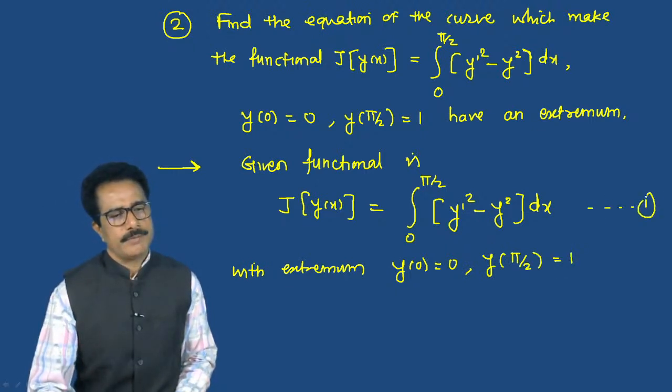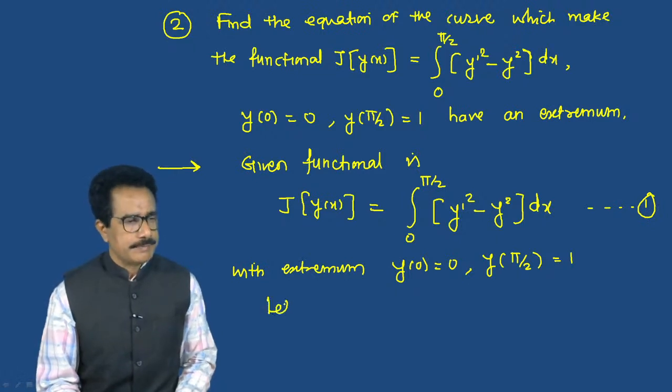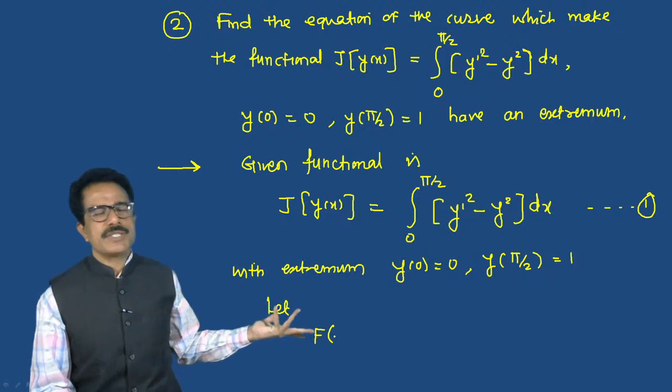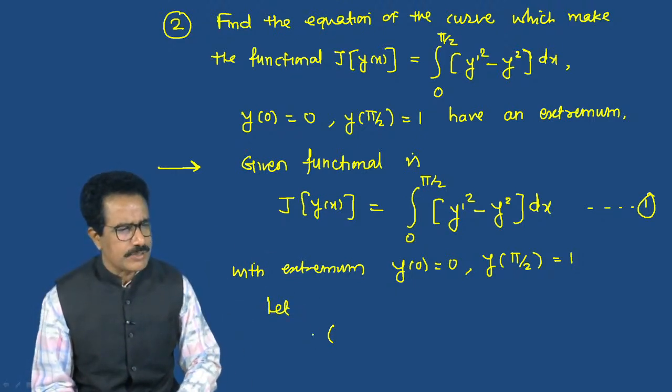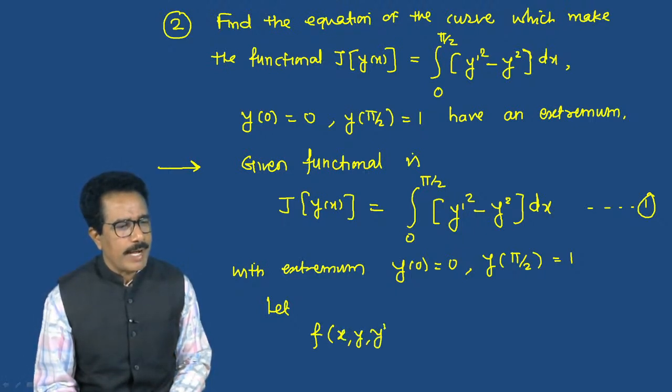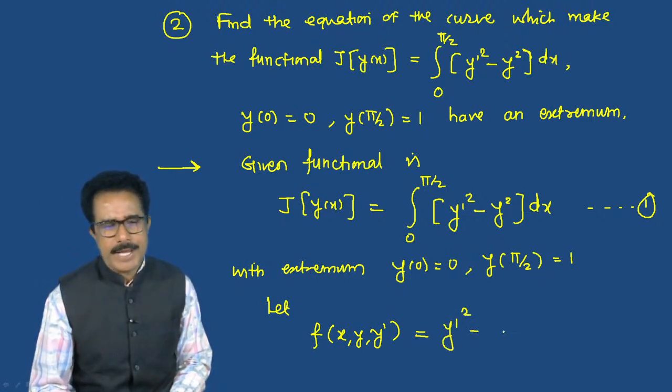Suppose this is 1. Let capital F or small f, consider either, there is no problem, you can use small f also. Small f of x comma y dash is equal to y dash square minus y square.